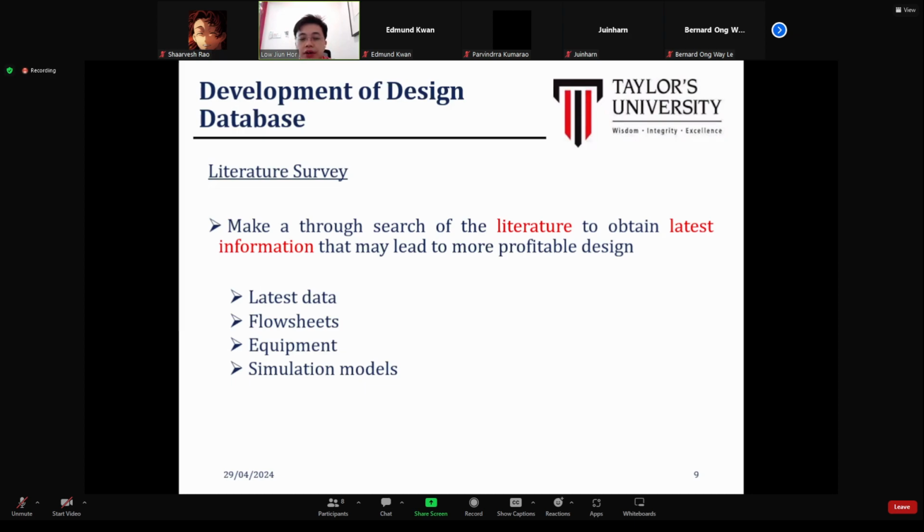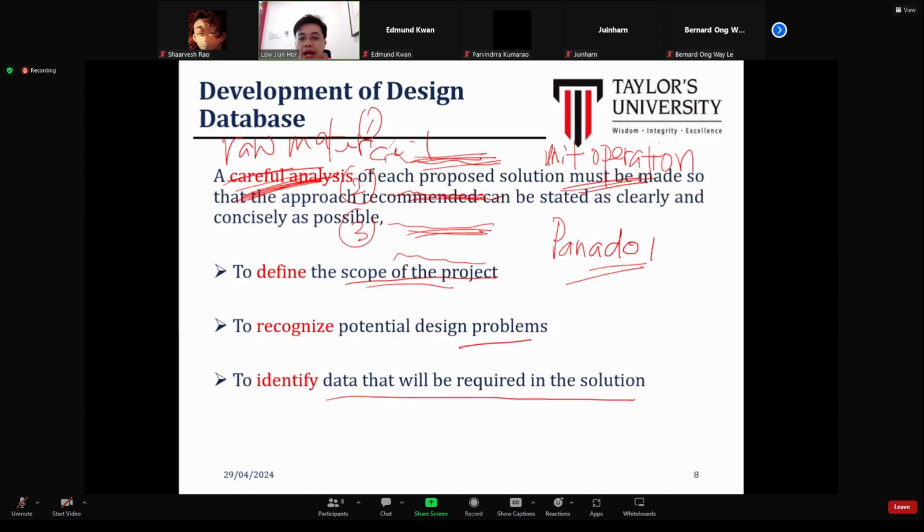Okay, the literature review. Actually there is a lot of data you need to collect and compile. The first one is the properties of the raw material that you are going to use. Why? Because later you are going to handle this raw material in the chemical plant that you are going to design.